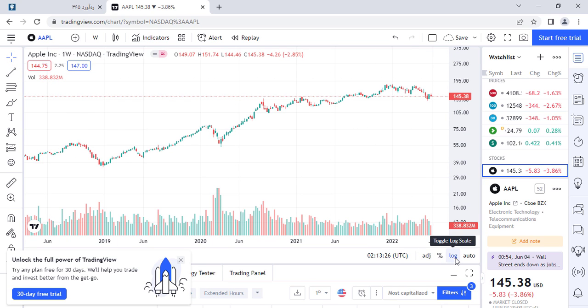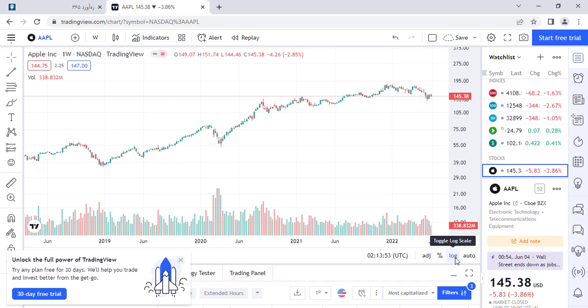And I personally use the logarithmic scales in my tradings in times that I want to understand a trend line has broken or it has not been broken. This is important to know.